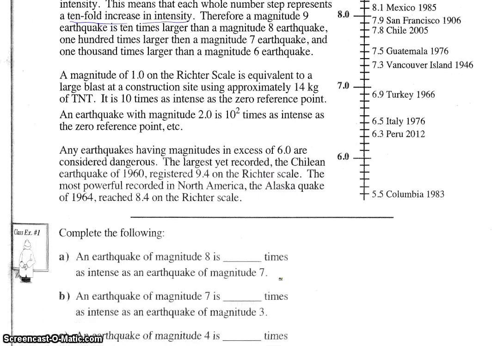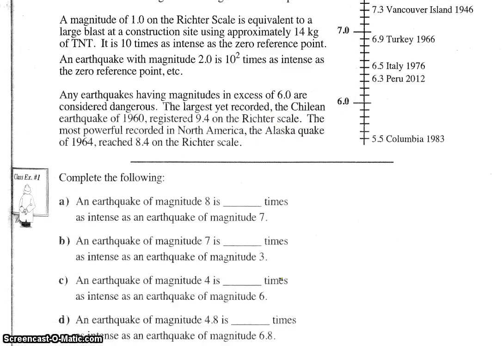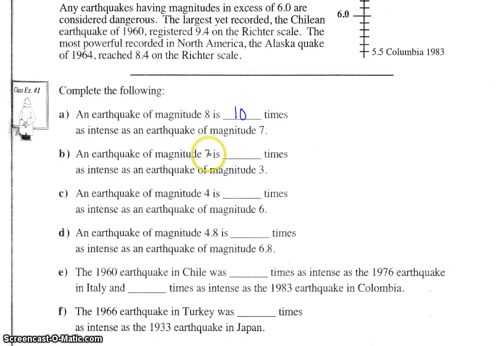So example number 1 is just a way to use that scale. An earthquake of magnitude 8 would be 10 times as intense as an earthquake of magnitude 7. Now if we were to go from a magnitude of 7 to a magnitude of 3, that's 4 units on the Richter scale, so that would be 10 to the 4, which is essentially 10,000 times as intense.